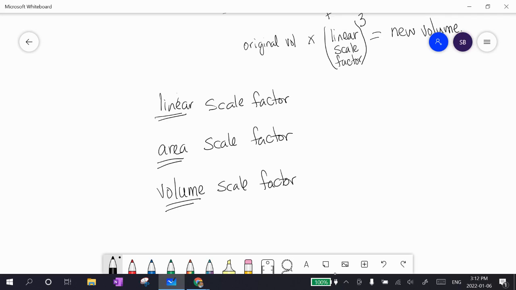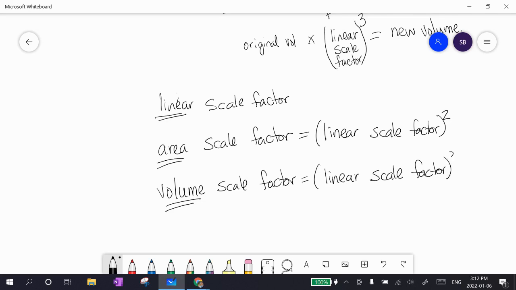The area scale factor is equal to the linear scale factor squared. And the volume scale factor is equal to the linear scale factor cubed.